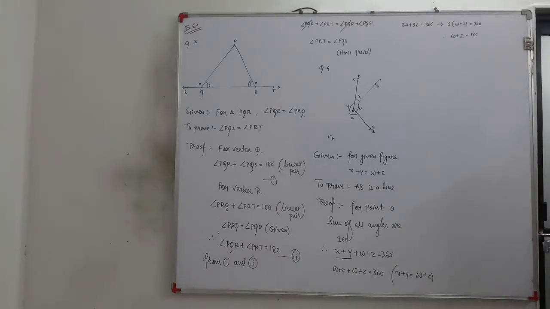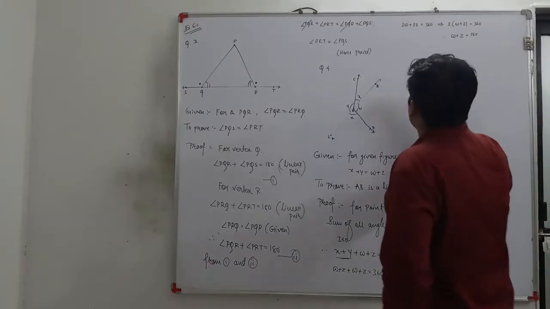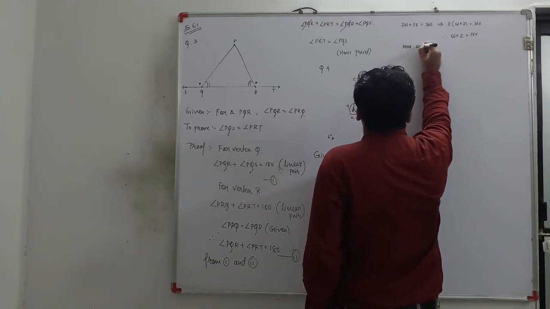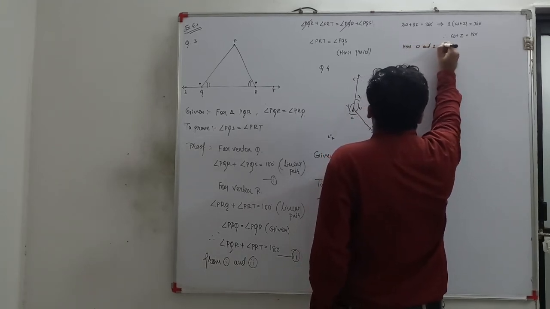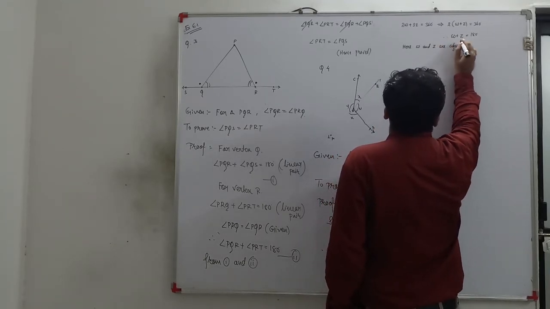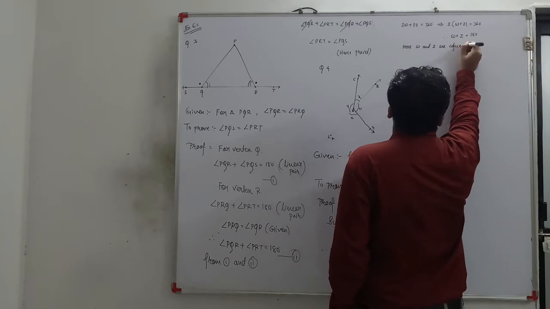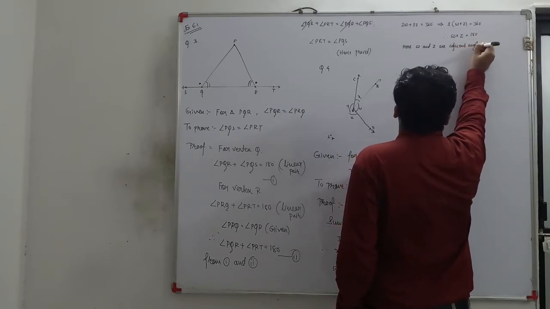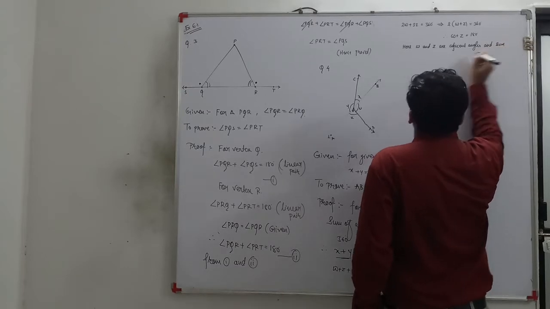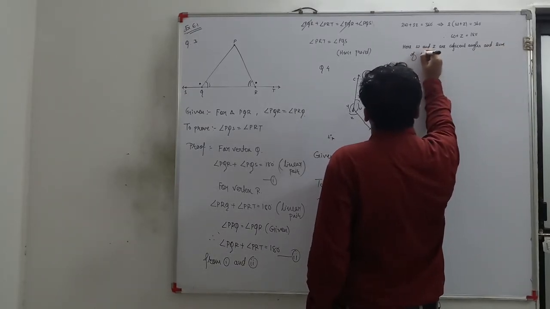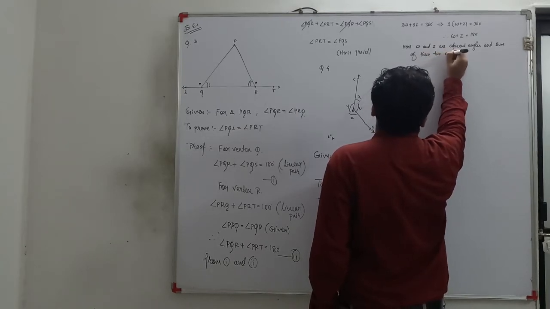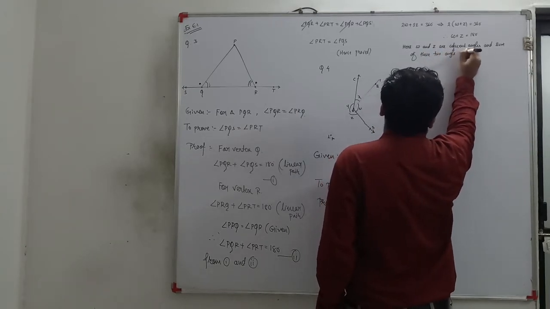Now what is the statement? Here I can write that angles W and Z are adjacent angles, and the sum of these two angles is 180 degrees.